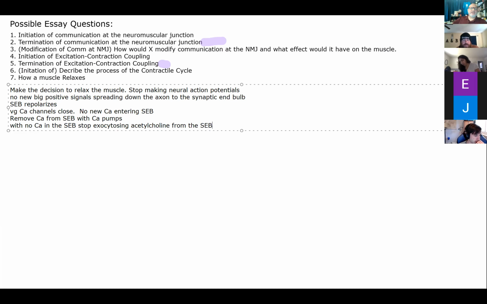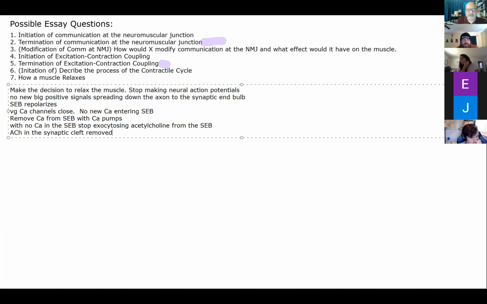No new acetylcholine is being exocytosed from the synaptic end bulb. Solves half of our problem, but there's still a lot of acetylcholine in the synaptic cleft that we need to get rid of. And how do we do that again?